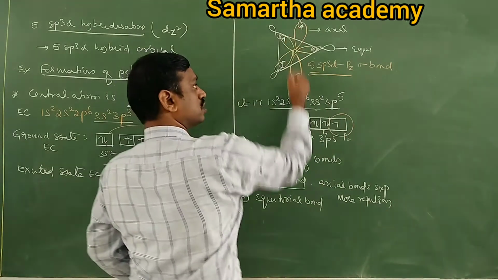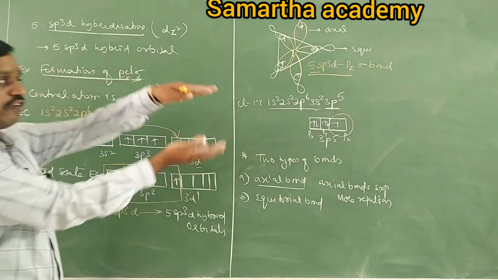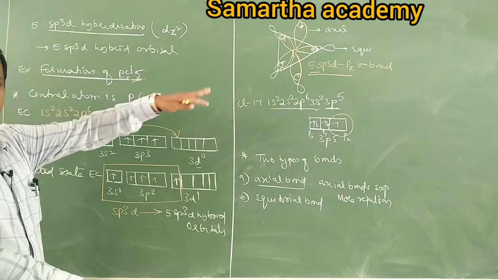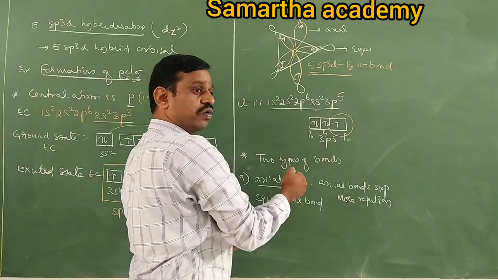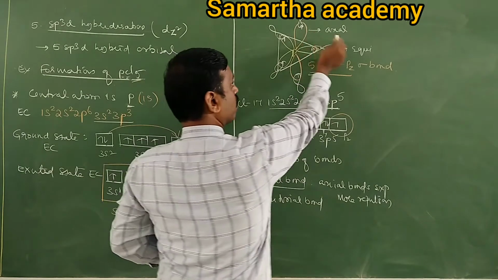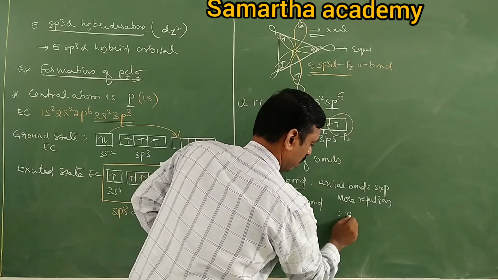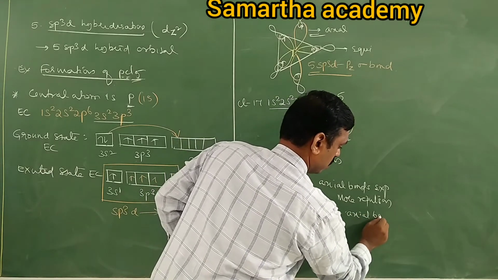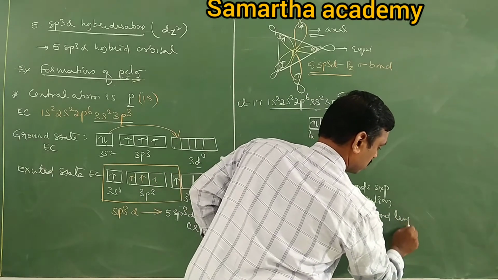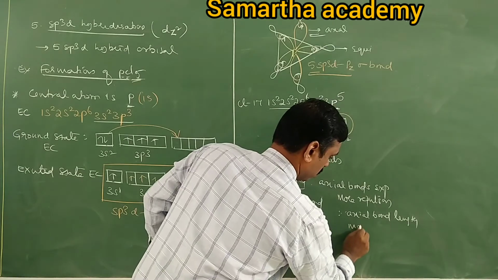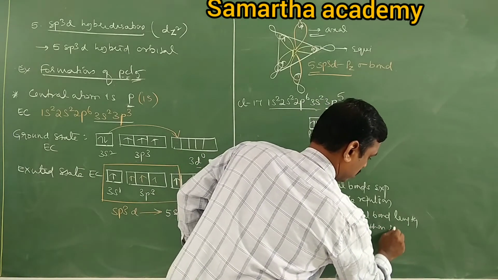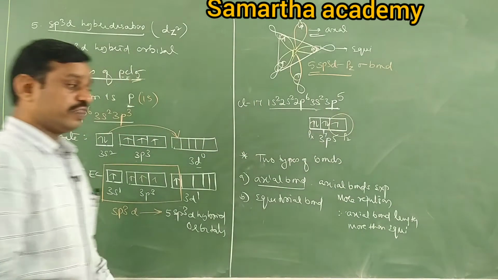Since axial bonds experience more repulsion, they move away from the phosphorus, therefore their bond length will be more. So axial bond length is more than equatorial bond length.